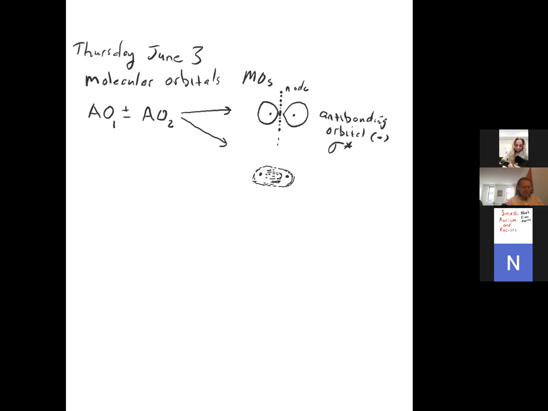It holds the two nuclei together, and we call it a bonding orbital. This would be a sigma orbital. Any electrons that go into a bonding orbital tend to stabilize the molecule, because they're holding the two atoms together.